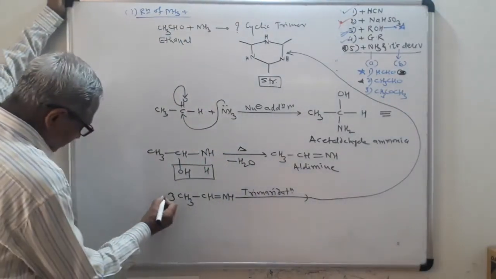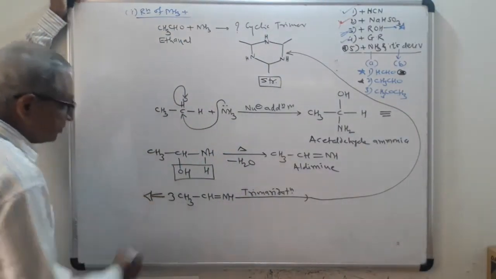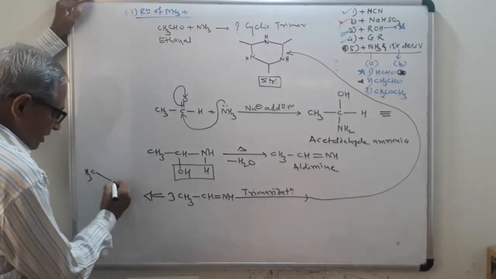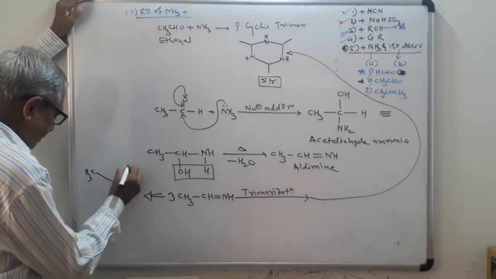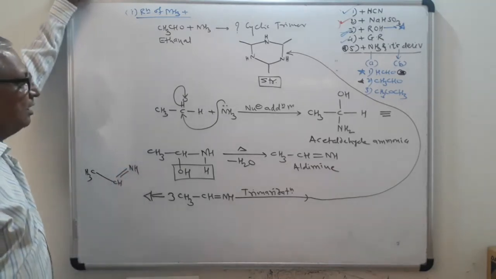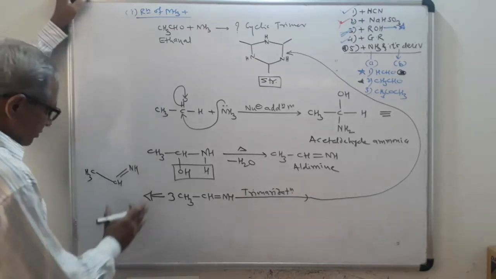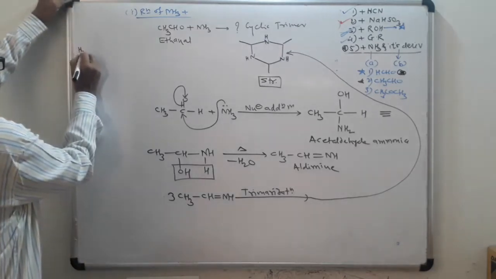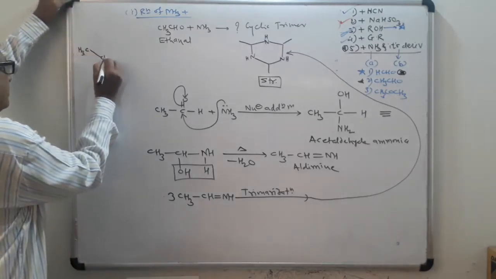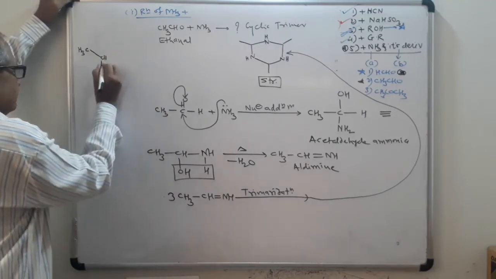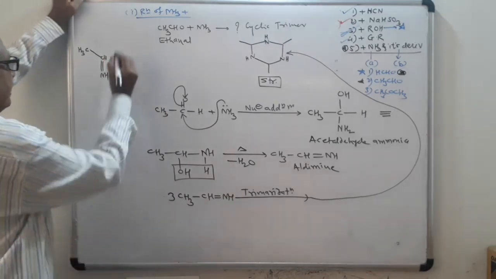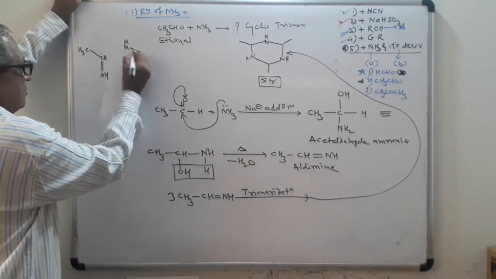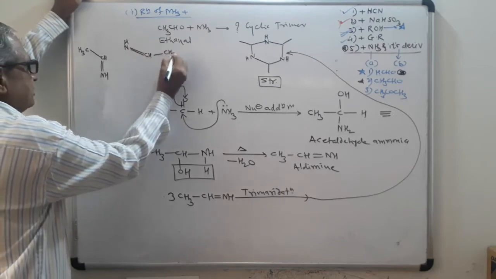Now see here, these 3 molecules can also be written in this way. You can write CH3 CH double bond NH; this is the first molecule. You can also write the second molecule like this: CH3 CH double bond NH. Another molecule here: NH double bond CH CH3.